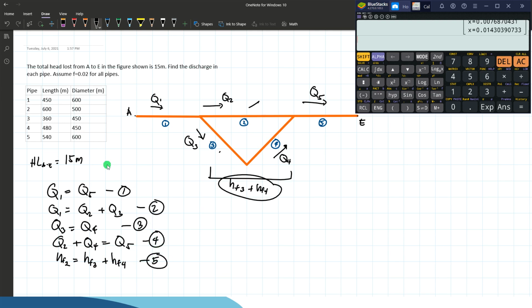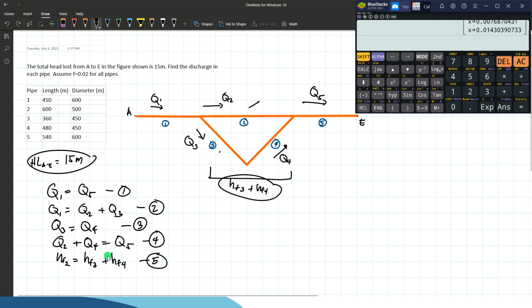Then we have a given total head loss of 15 meters. So we can use this direction of flow from pipe 1 to 5 to determine the total head loss, or we can use this flow from pipe 1, 3, 4 to 5.